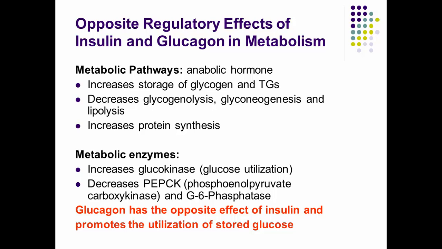And it's just mentioned again, the opposite regulatory roles of insulin and glucagon in energy metabolism. So insulin basically is the anabolic hormone, right? It tries to stimulate the synthesis of complex molecules, or the synthesis of stored energy fuels.